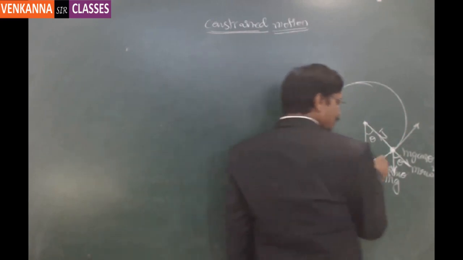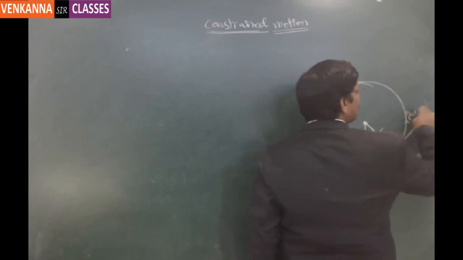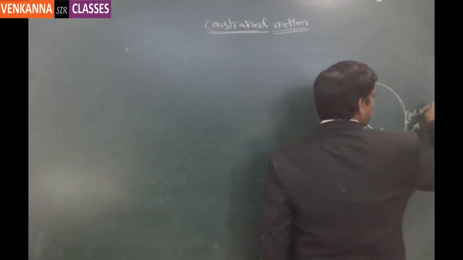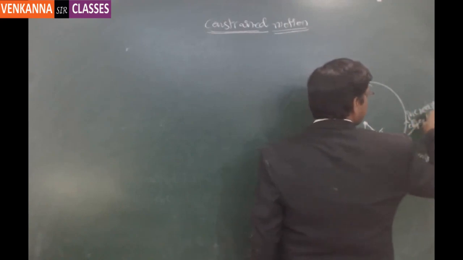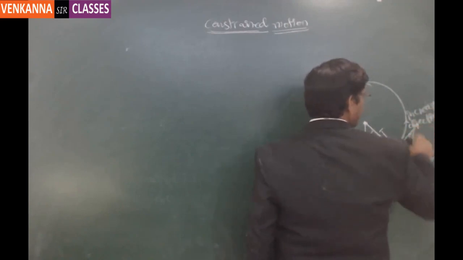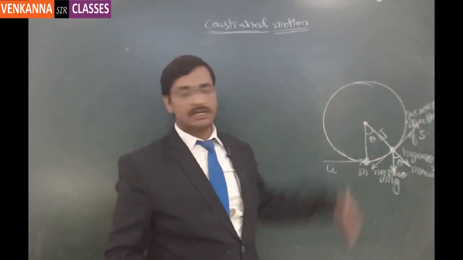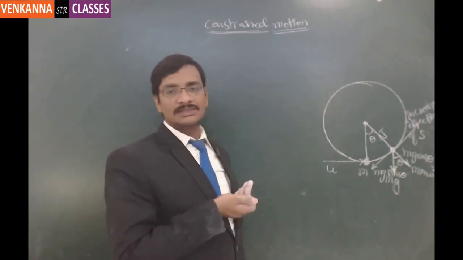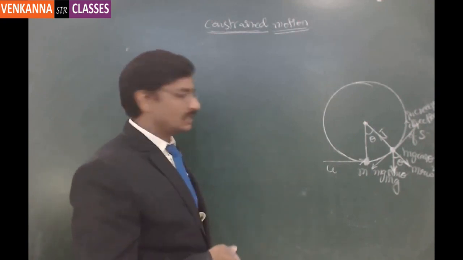Now this particle is moving in this direction. So this direction is called the increasing direction of S. The increasing direction of the arc length is treated as the positive direction. Then opposite to S, which is nothing but the decreasing direction of S, we have to treat as negative.